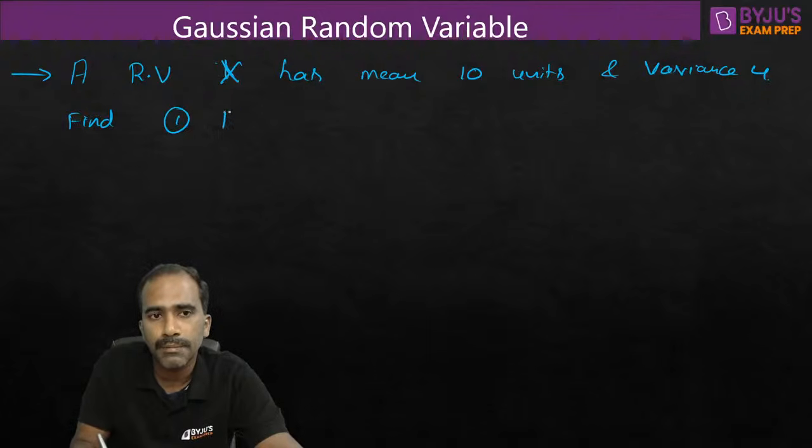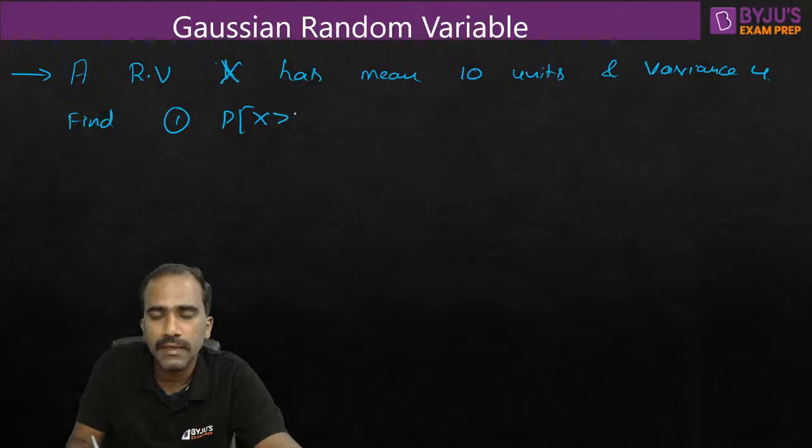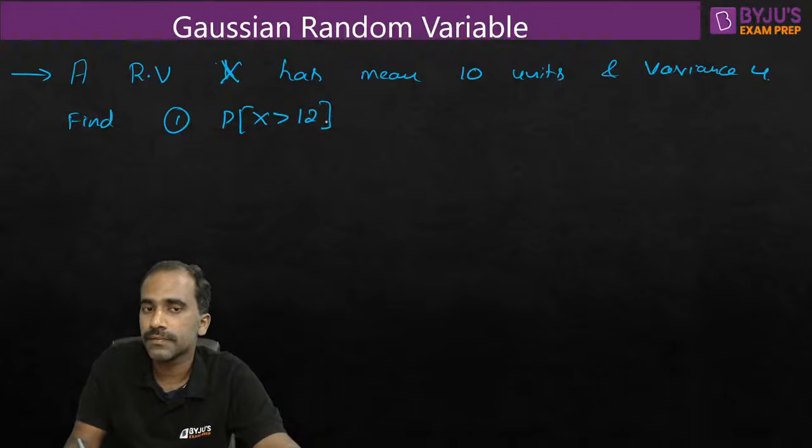Find P of x greater than 12, for example. So P of x greater than 12, always try to express it in terms of CDF.